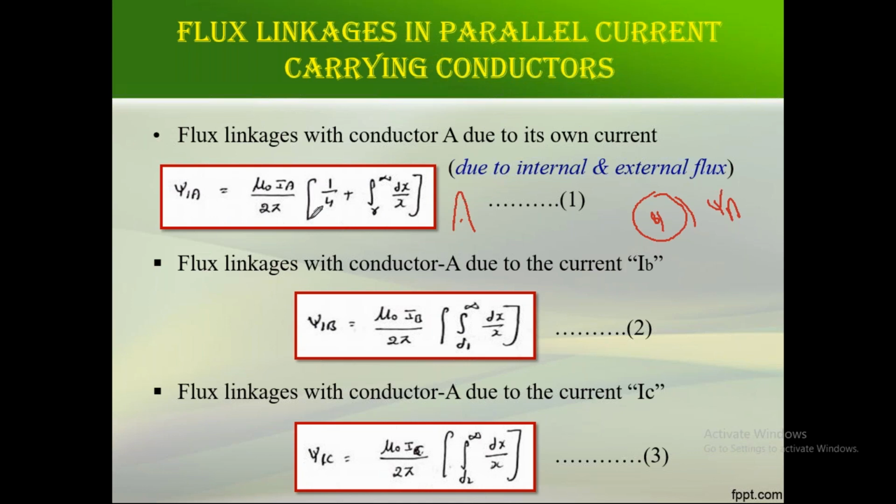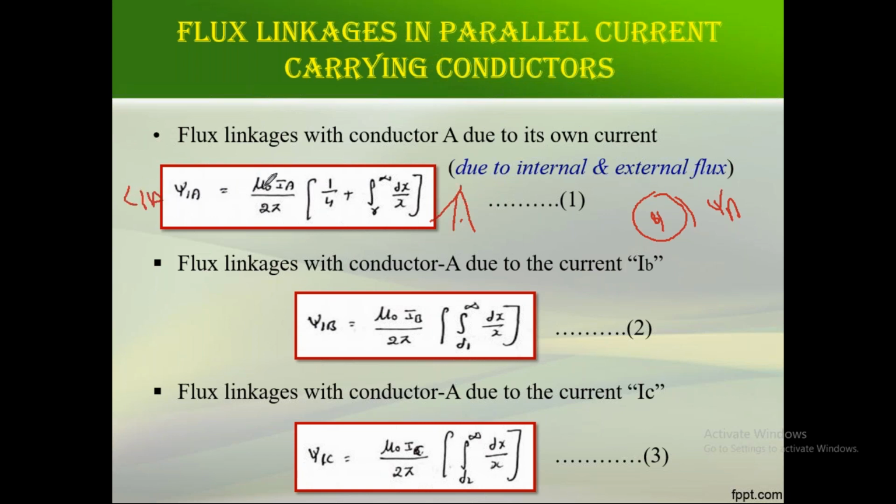Now this is the derivation of the total flux linkage due to the internal and external flux, given by equation 1. So the equation we discussed in the first class, the inductance due to internal and external flux, is the combination of both. If you substitute here, after simplification, that is psi 1a, that is L1a, the inductance of a conductor.